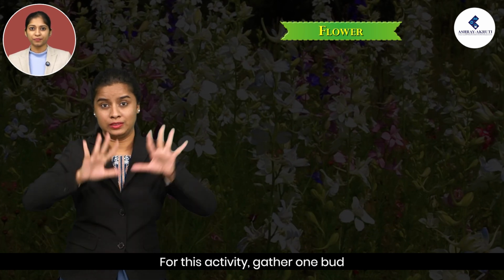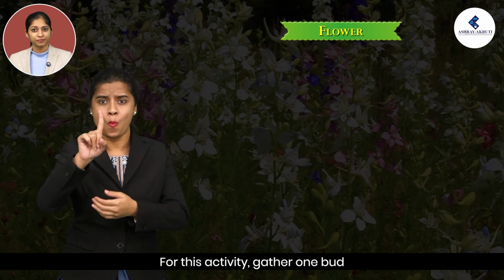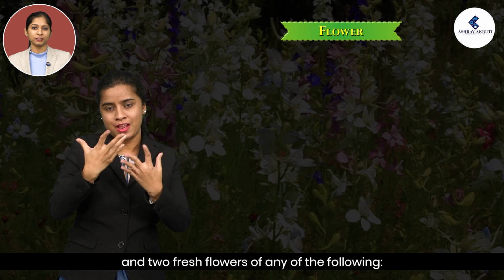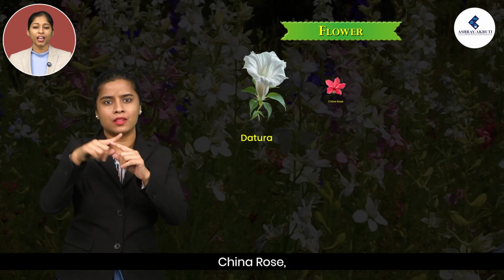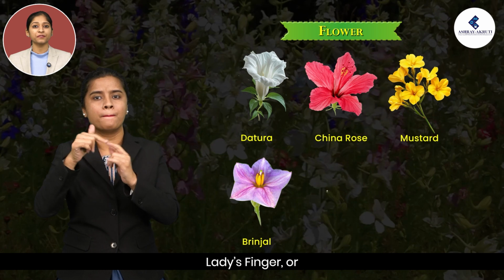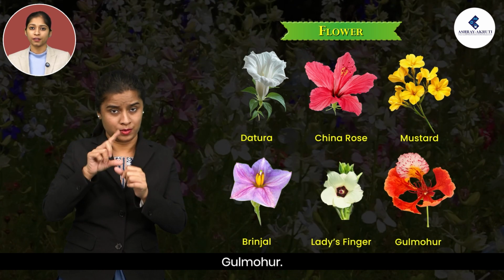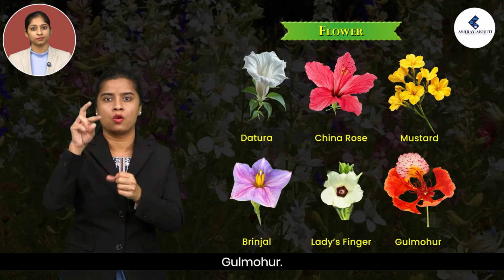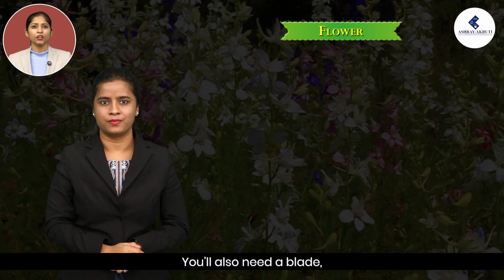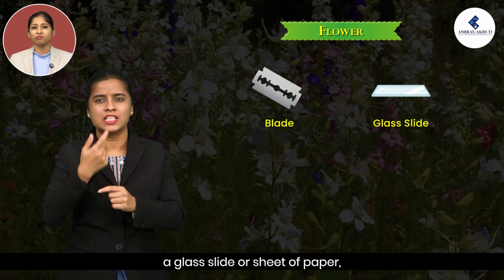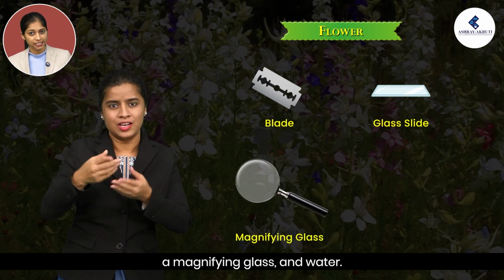For this activity, gather one bud and 2 fresh flowers of any of the following: datura, China rose, mustard, brinjal, lady's finger or gulmohar. You'll also need a blade, a glass slide or sheet of paper, a magnifying glass and water.